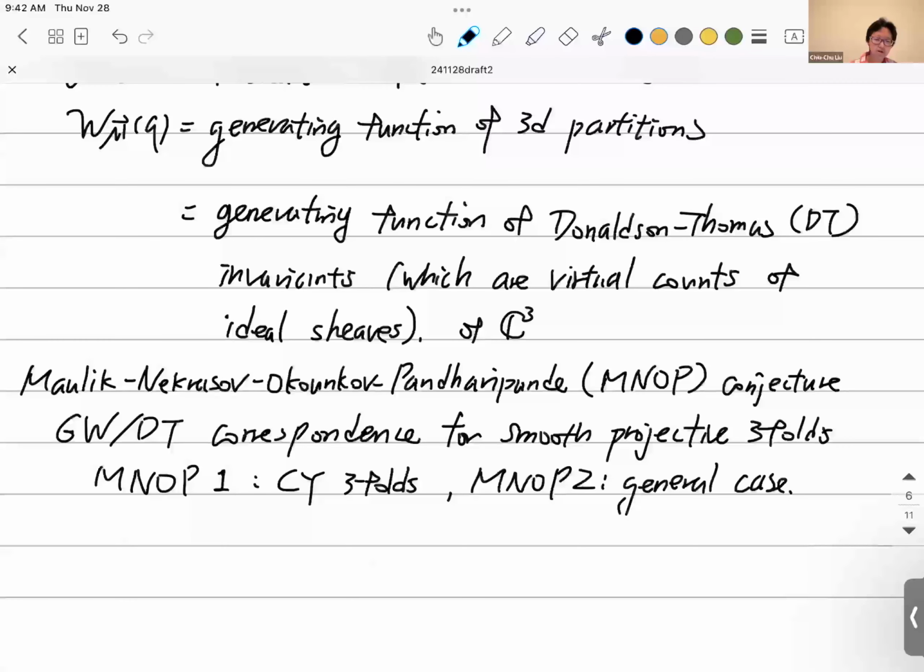They conjecture a correspondence between Gromov-Witten invariants and Donaldson-Thomas invariants for smooth projective threefolds. They wrote the first paper with this conjecture for Calabi-Yau threefolds, and in the second paper they generalized this to general projective threefolds, which are not necessarily Calabi-Yau.